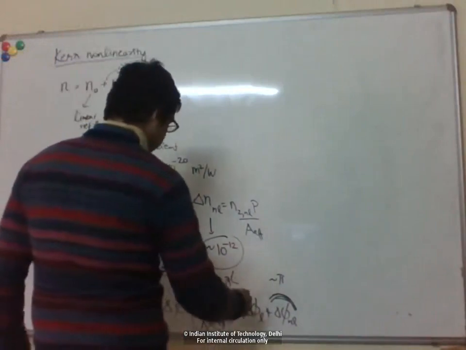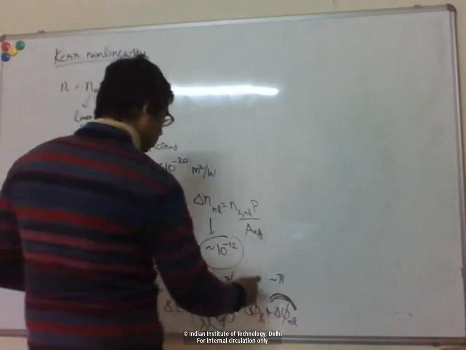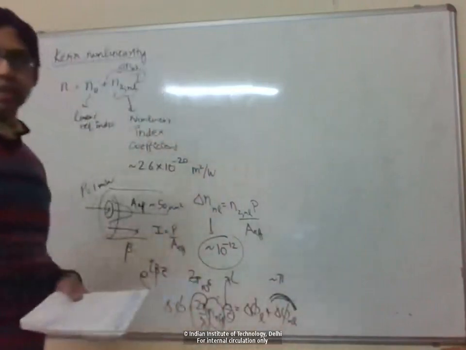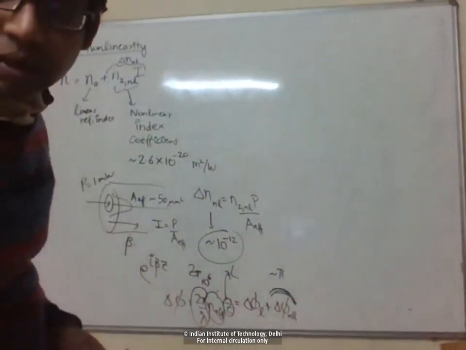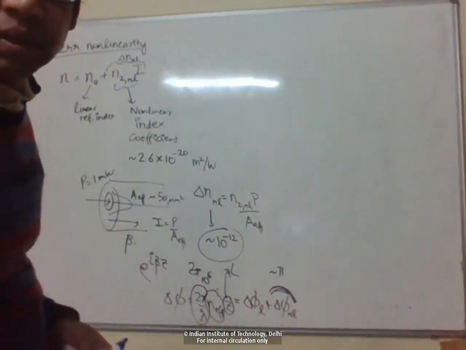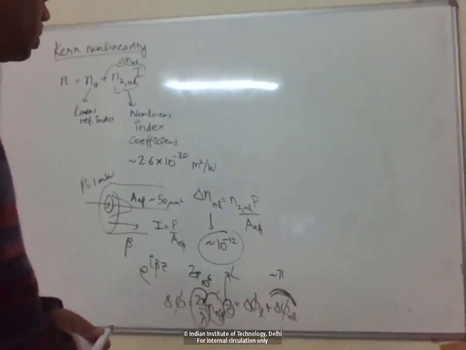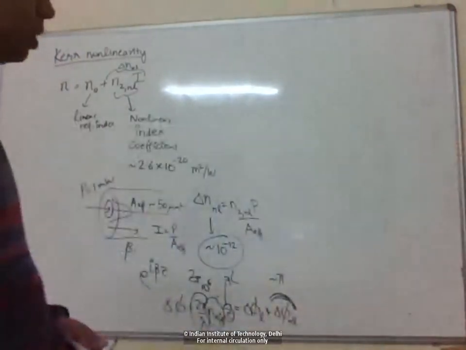We can calculate some numbers here, but for kilometer lengths we can easily get changes in phase of pi. So that's how this small effect is building up over long length.